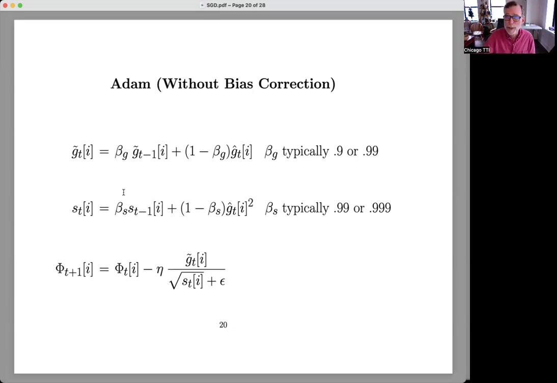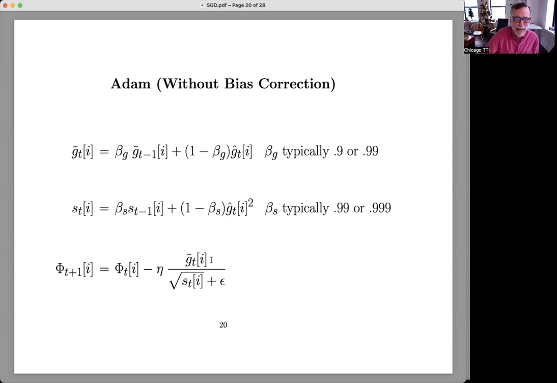Now it's also going to use an EMA estimate of the square of the gradient. This is not quite a variance, it's called a second moment. It's taking a moving average of the square of the gradient. At each time point, actually for each batch, we get a gradient estimate at that batch, and we're going to keep an exponential moving average of the square of that.